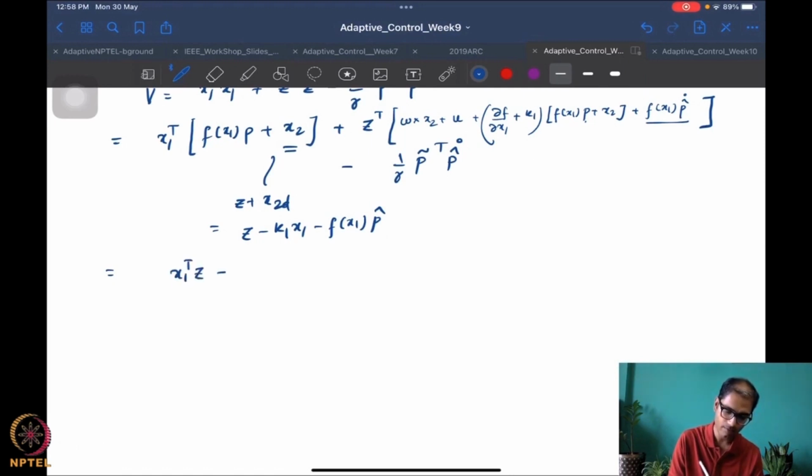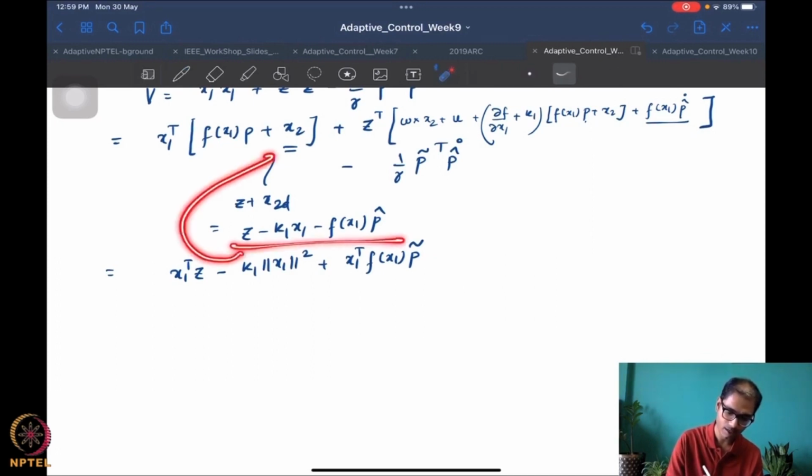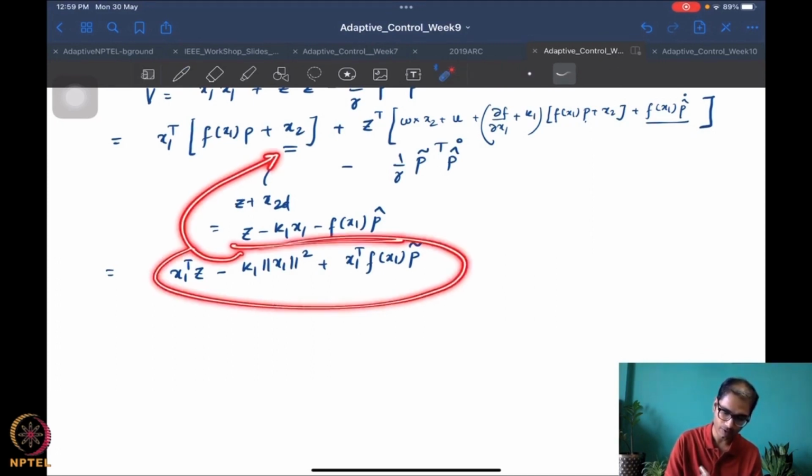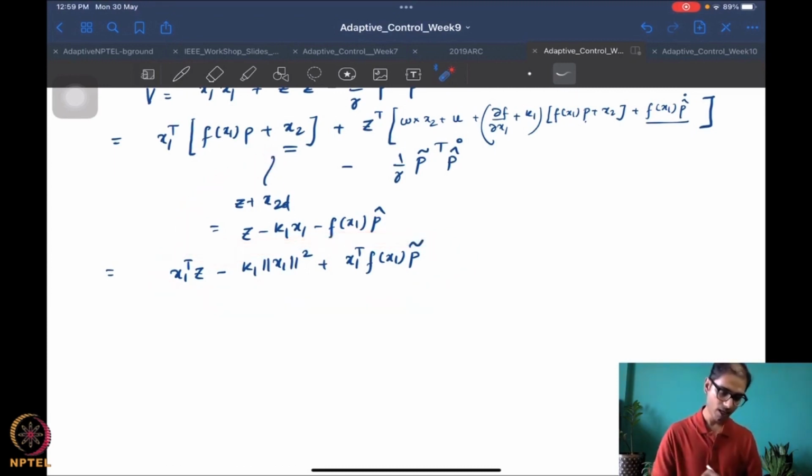Why don't I substitute for my control also. I will choose my control as minus omega cross x2, basically trying to cancel everything I can.